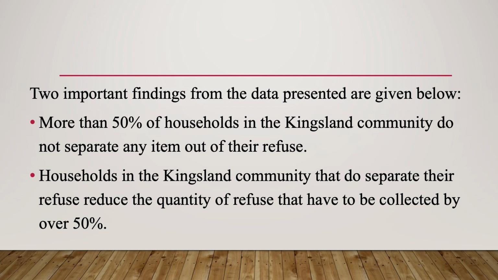For example, more than 50% of households in the Kingland community do not separate any item out of their refuse. The other finding is households in the Kingland community that do separate their refuse reduce the quantity of refuse that has to be collected by over 50%.